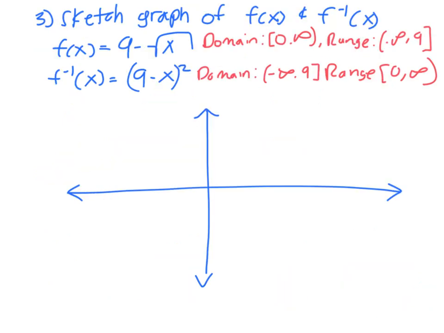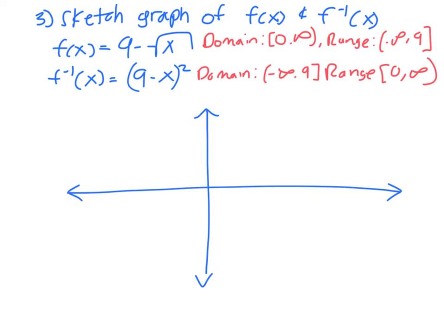Okay, so now the last step is to sketch the graph of f of x and f inverse of x. I've written here both of the functions and then the domain and range of each. All right, so first let's graph f of x. Let's do this using transformations.